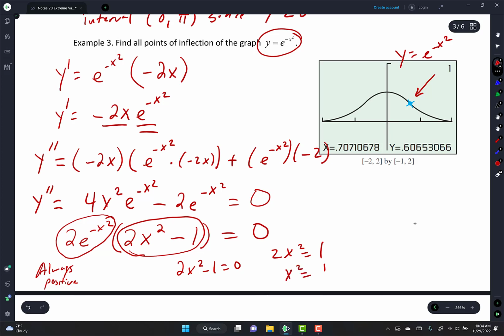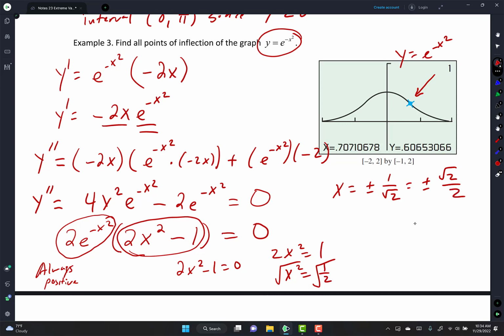X squared equals half. Square root, x equals plus or minus 1 over square root of 2. Right? Plus or minus square root of 2 over 2. 0.707 is square root of 2 over 2, which you've seen many times with the unit circle coordinates. It's okay, no big deal.